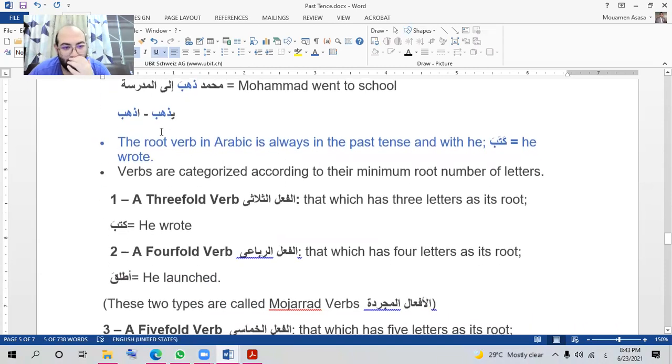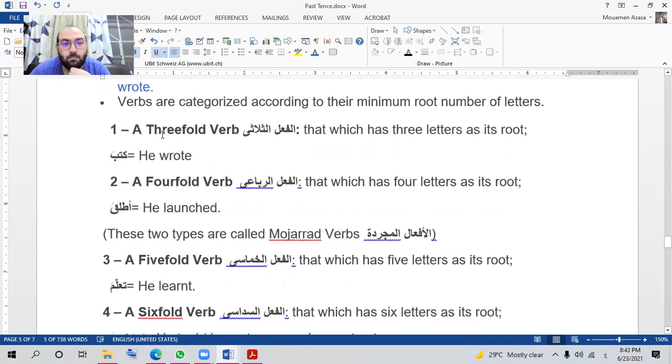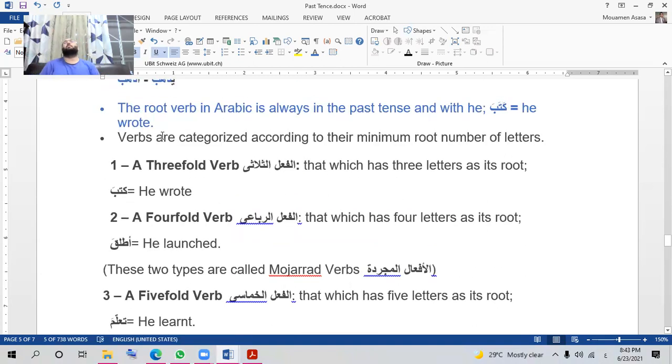Ustaz, it's becoming very complicated for me. If I read the Quran, I see the word nazala, which means something Allah brought down, gave us.